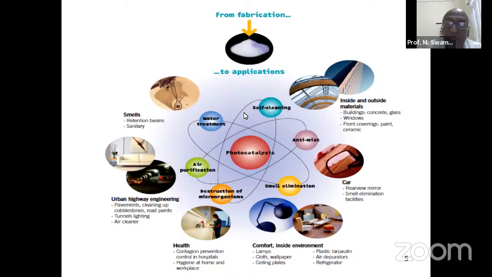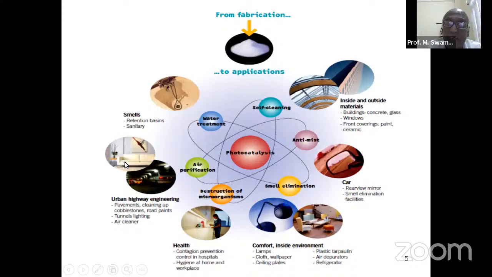So these are some of the fields where photocatalysis is applied, and in the outer circle, practical applications: how this nanomaterial can be used in buildings or cars, hospitals or highways and engineering. So the slide gives an idea about the field of application and the practical application of catalysis.